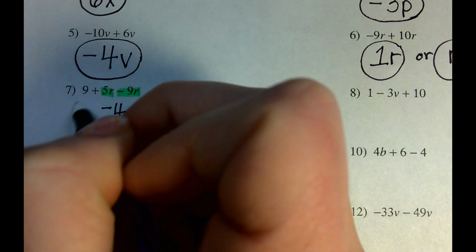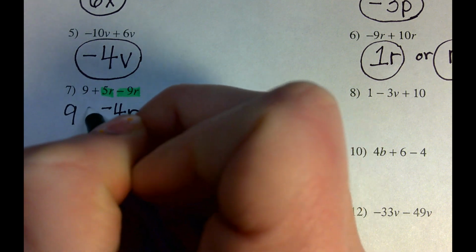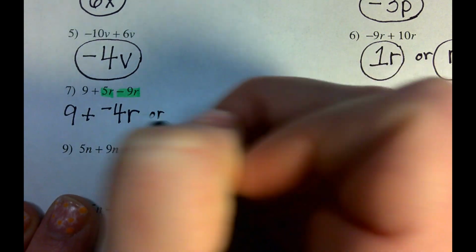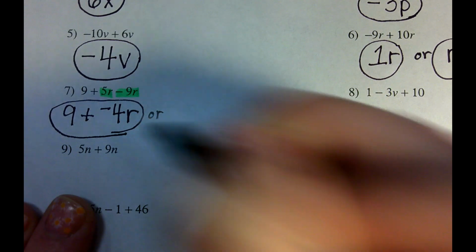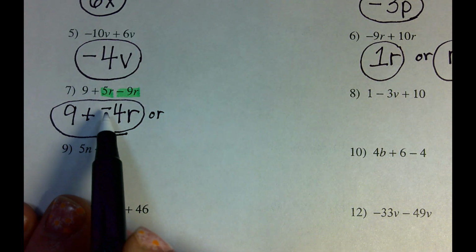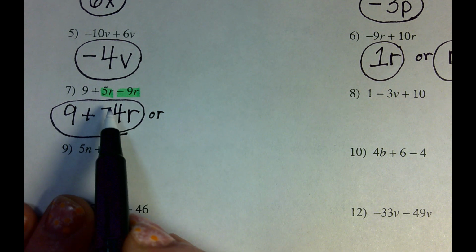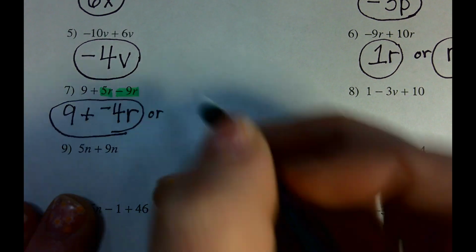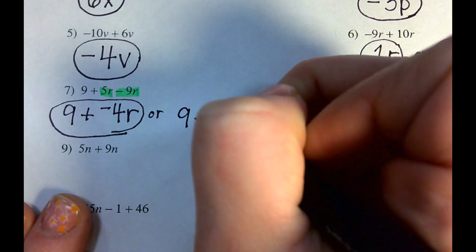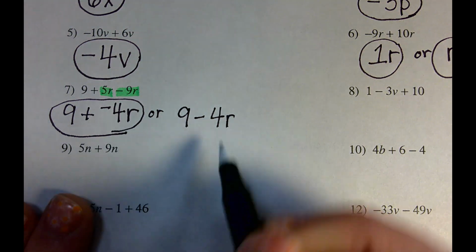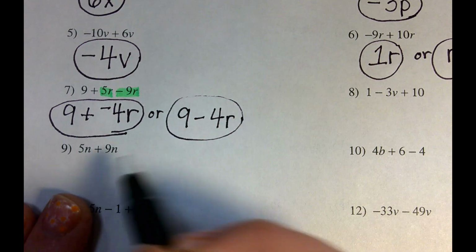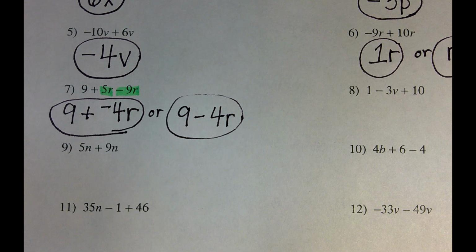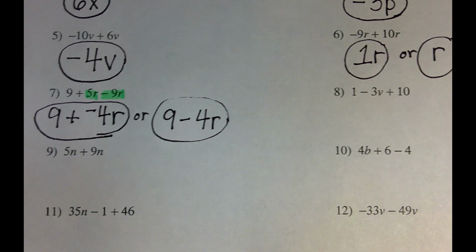So we can bring down 9 plus negative 4r. There's 2 ways we could write this. Since negative 4r is negative, do I really need to write the plus sign? No, you don't have to. You could also write 9 minus 4r. So remember, adding a negative is the same thing as subtraction. It's one less thing to write. Awesome.